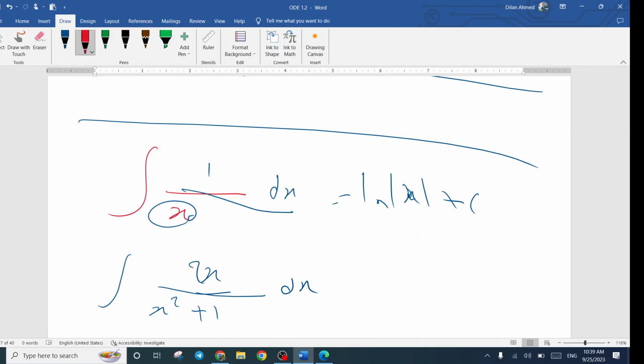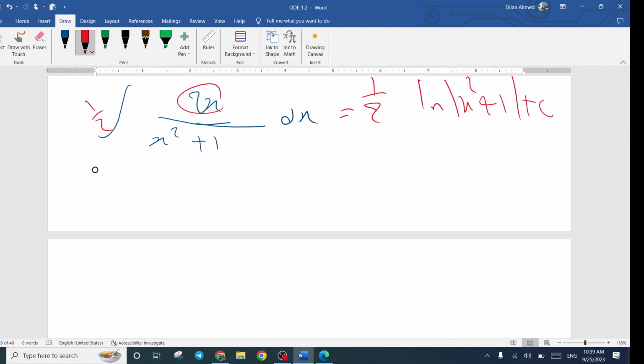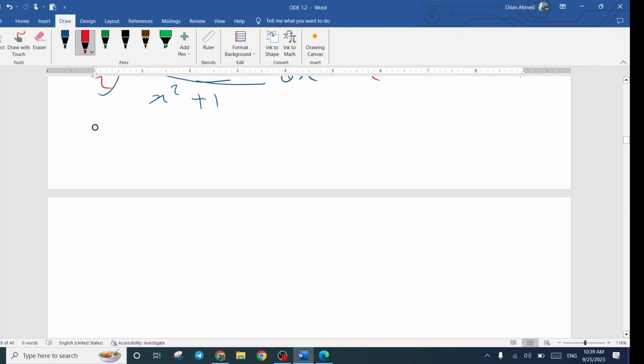Am I right? So we get some 2, ln of. Am I right? Yes, good. It is by the same method, by the same strategies.